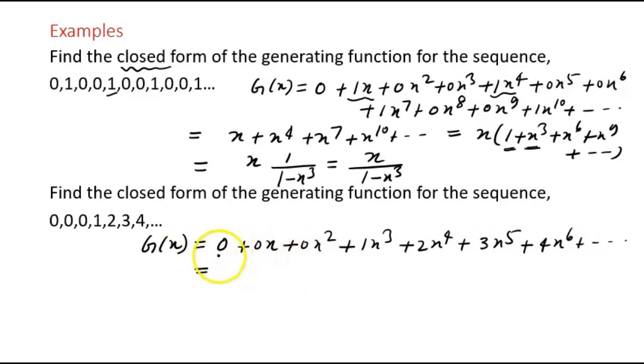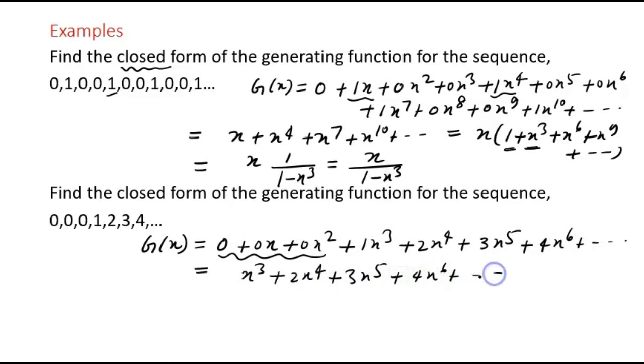So this 0 we can ignore, and then we start from this. So x cube plus 2x to the power 4 plus 3x to the power 5 and 4x to the power 6 and so on. Now you can clearly see that from all these terms I can take x cube common. So I will get 1 plus 2 plus 3 plus 4 and up to infinity.